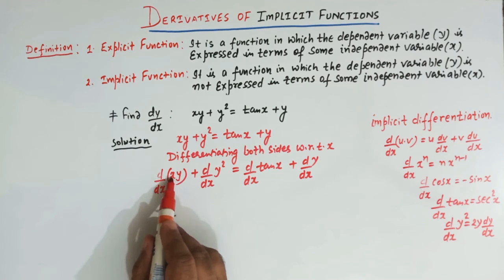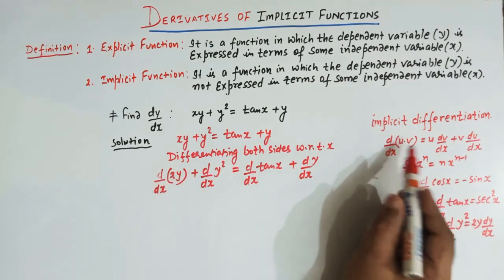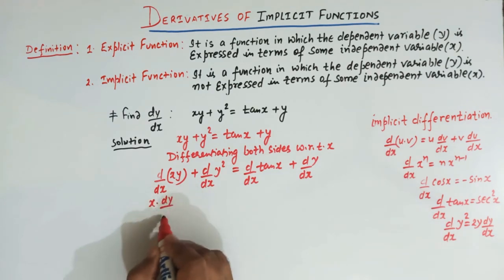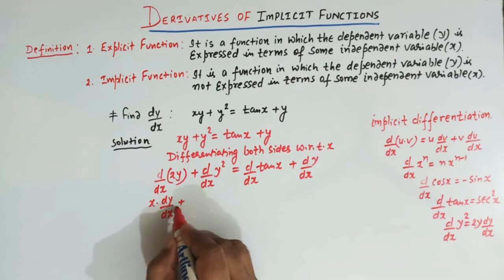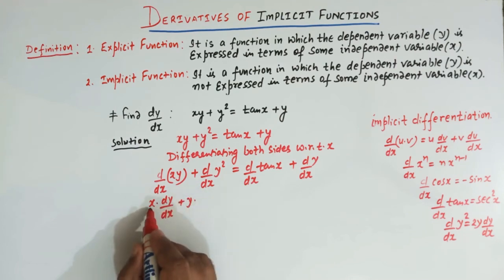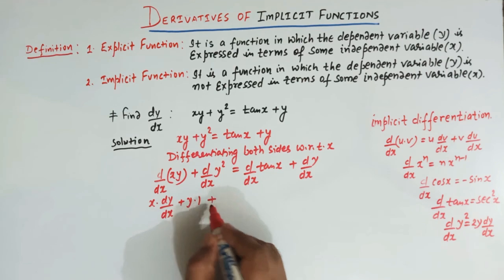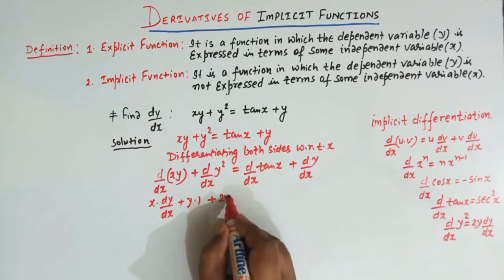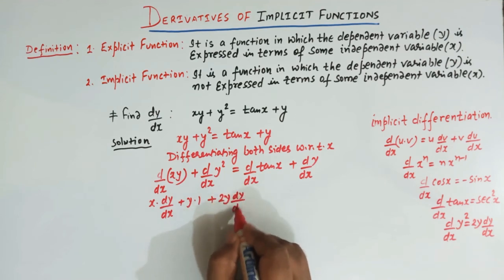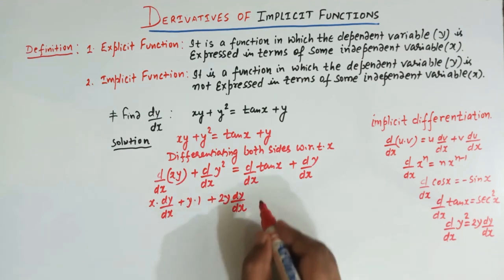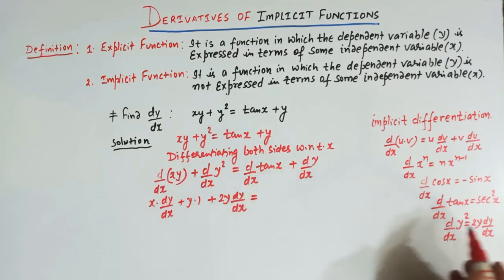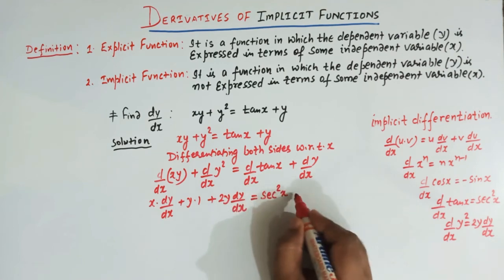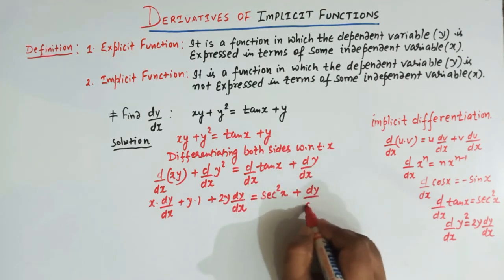Now here we have the product of x and y, so we will apply this rule. So this is x times the derivative of y, plus y times the derivative of x, which is 1, and the derivative of y square is 2y dy over dx, and the derivative of tan x is sec square x, and here we have dy over dx.